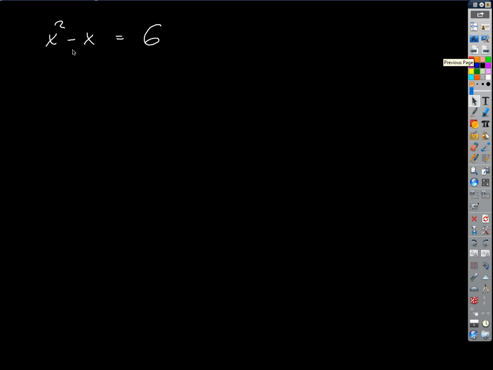If I subtract 6 from both sides, I end up with x squared minus x minus 6 equals 0. Okay, that's good. Because now hopefully we can turn this into a product of factors, and then I know the solutions have to be whenever those factors equal 0.